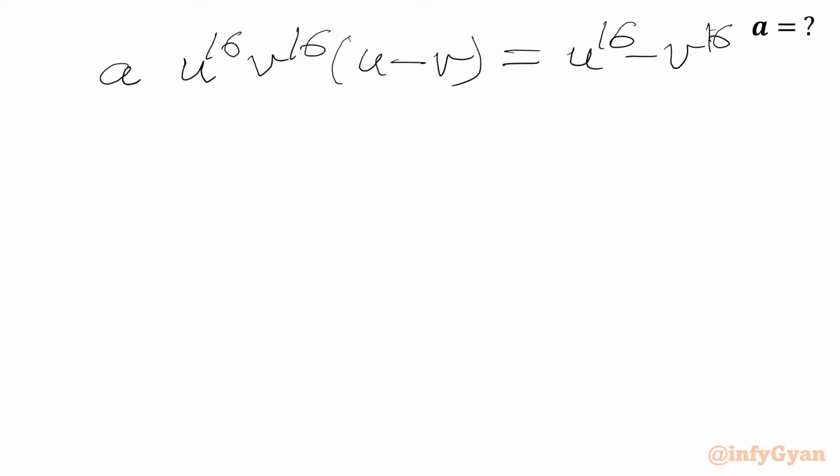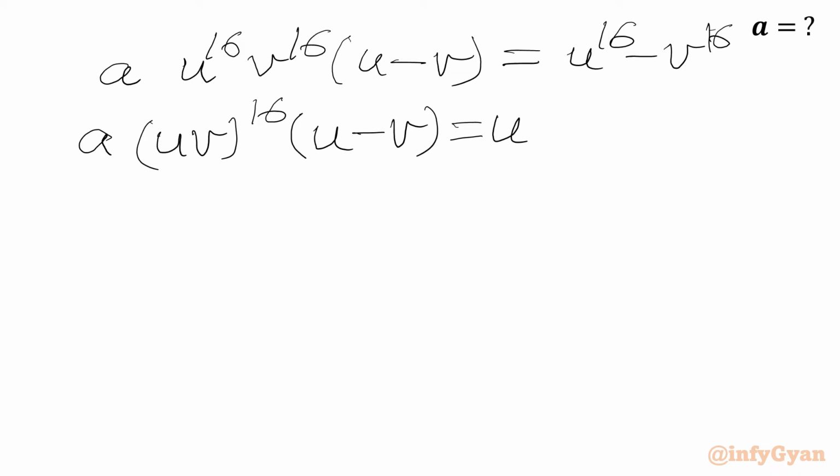Now we will write a times u power 16 times v power 16. We can write uv whole power 16, as we know the value of uv, minus 1. In the bracket, we are going to write u minus v equal to u power 16 minus v power 16.